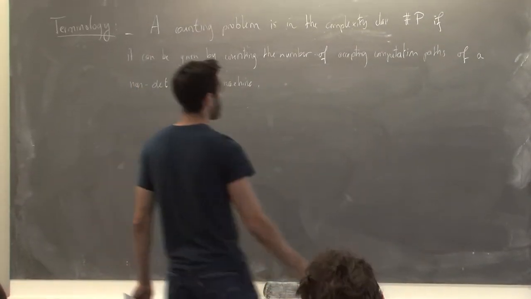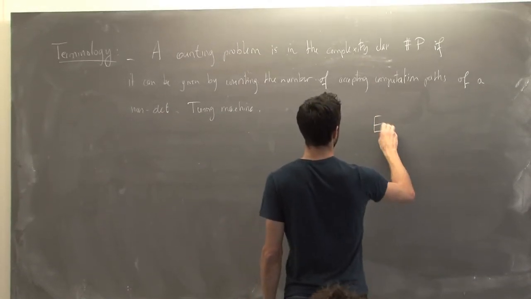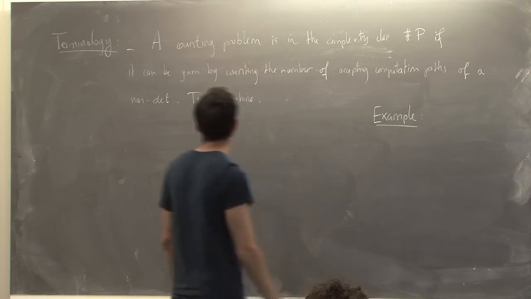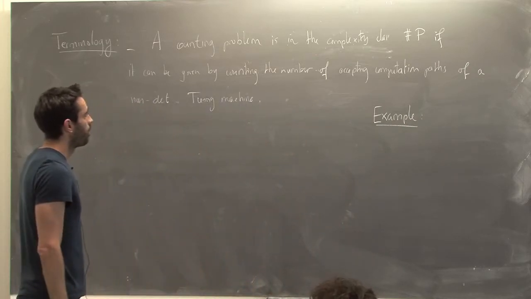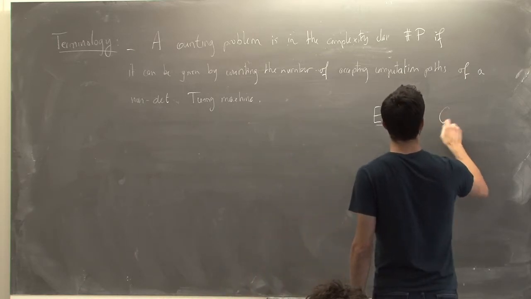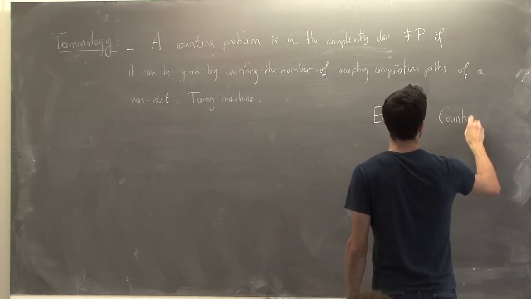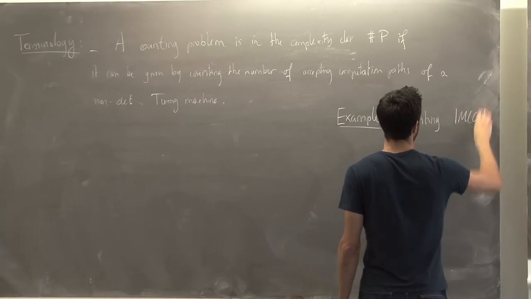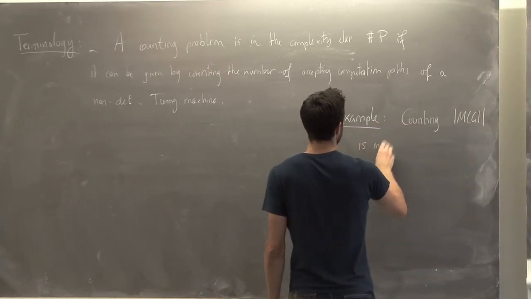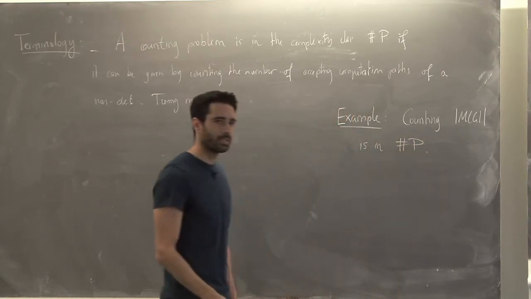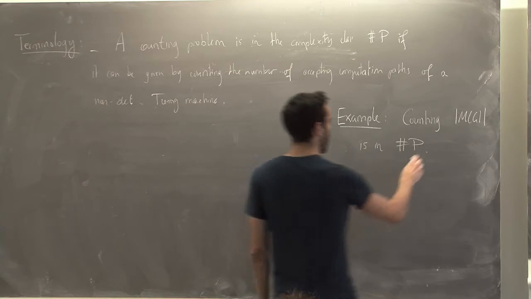So before continuing, let me give an example. Well, counting the number of perfect matchings on the graph is in sharp P. Okay, so this is a positive result. Why?